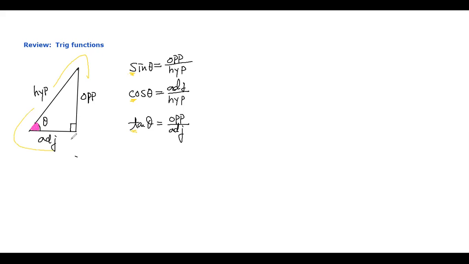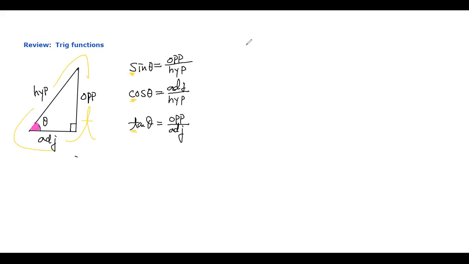Then the tangent is just like a T, so that's why it's opposite over adjacent. That's the way I typically show my students to remember. Different teachers have different ways. As long as you feel comfortable and you're able to remember, that's what counts.